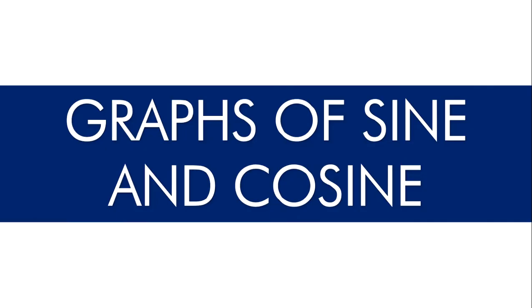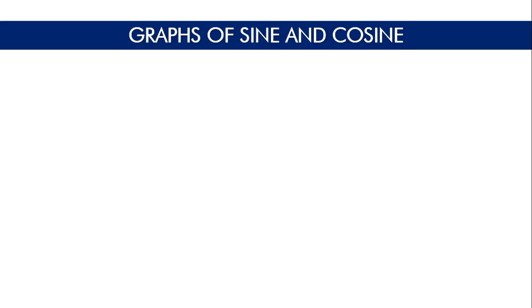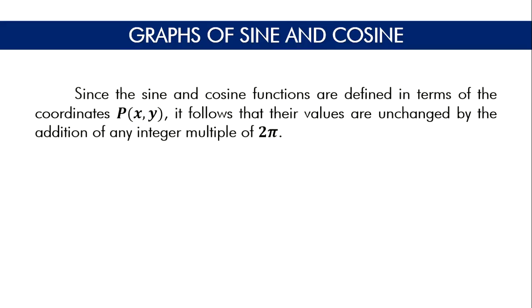First off, let's discuss the graphs of the sine and the cosine. Initially, we have the sine and cosine functions defined in terms of the coordinates P(x, y), and it follows that their values are unchanged.